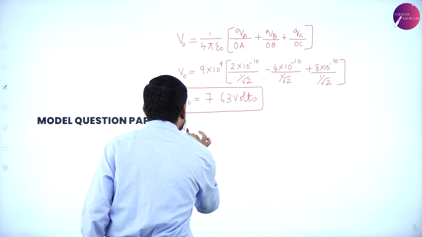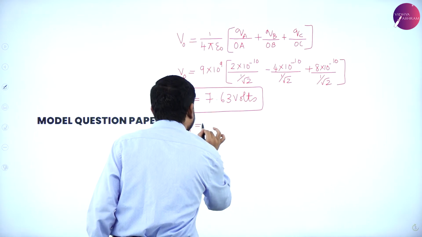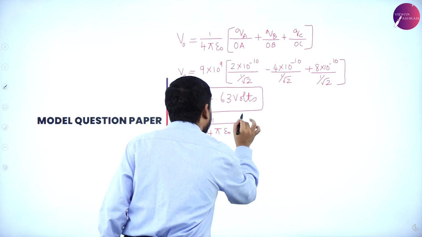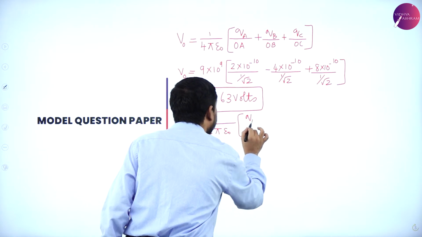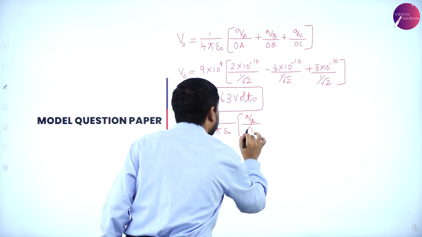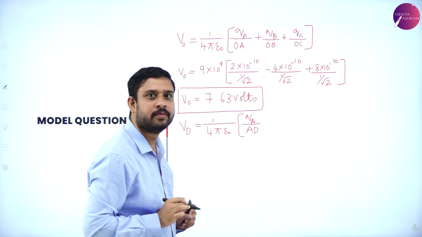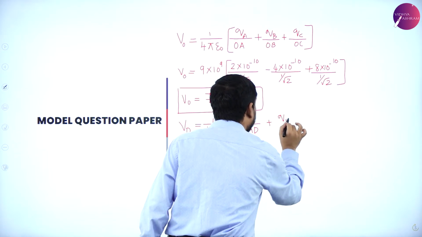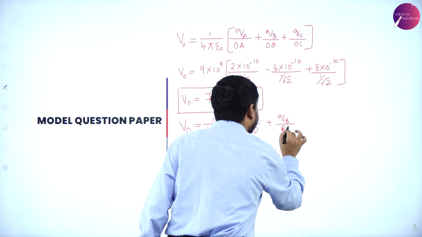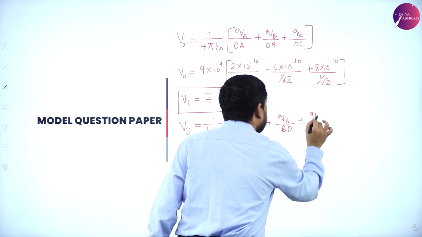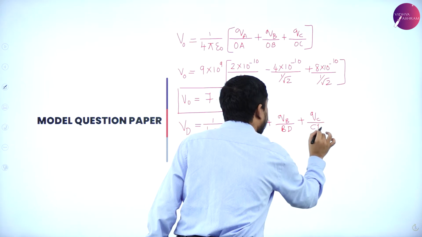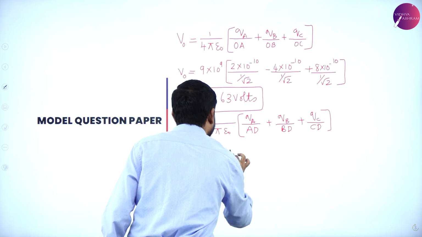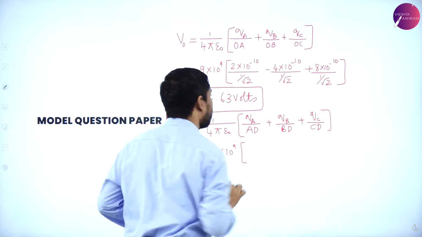So the potential at the point D is again 1 by 4 pi epsilon naught, QA divided by AD plus QB divided by BD plus QC divided by CD, which is 9 into 10 power 9.